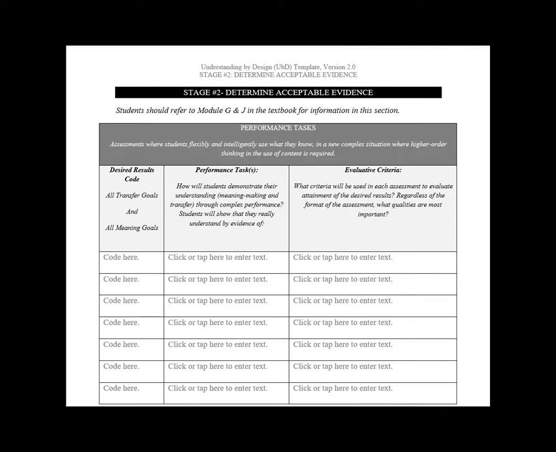In Stage 2, the focus is providing evidence of deep understanding that aligns with the goals and big idea emphasized in Stage 1. In this stage, we will design performance tasks that demonstrate a deep understanding of the unit content. It is important to note that not all course material can be expected to promote deep understanding and learning transfer.